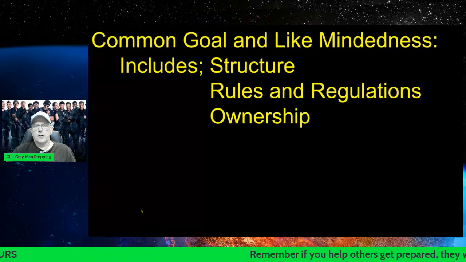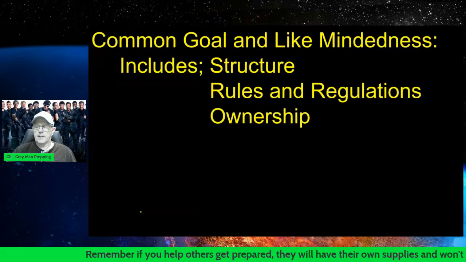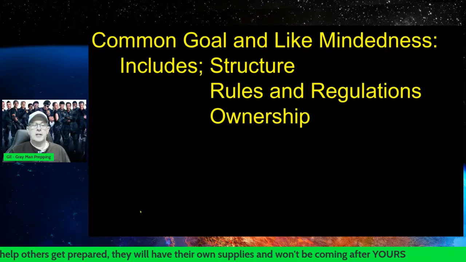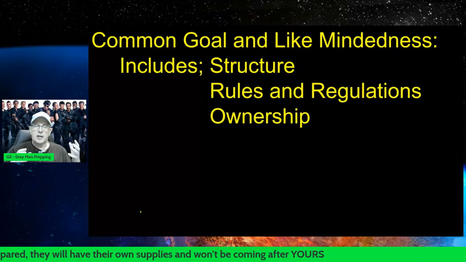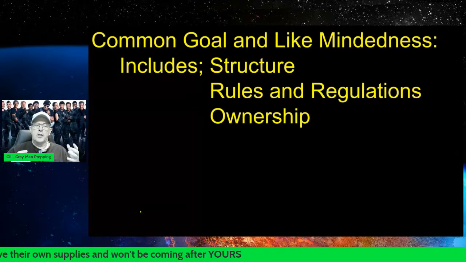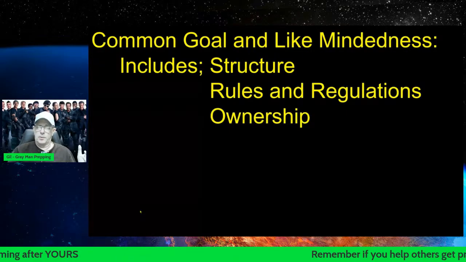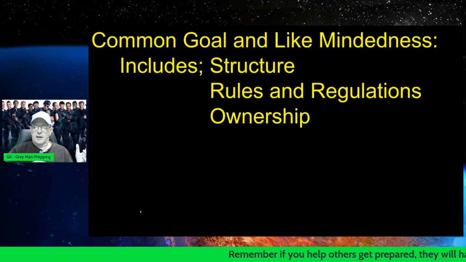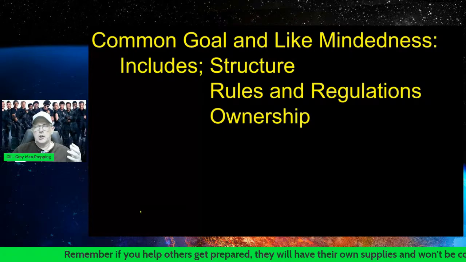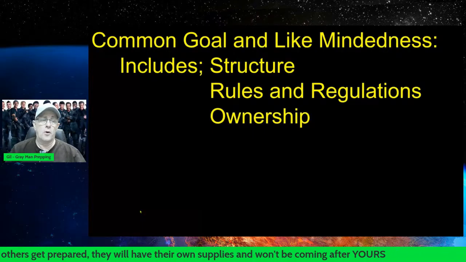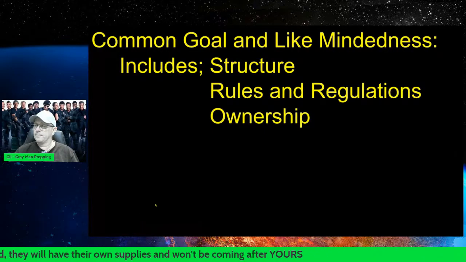Ownership also refers to, I want to say, the chores, the duties, the details of organizing it, the ownership of each one's individual responsibilities to the group. Because with any prepper group, it shouldn't be, oh, okay, I joined, I'm good. No, there's going to be more involved in it than just that.